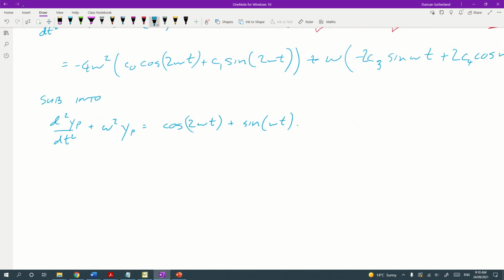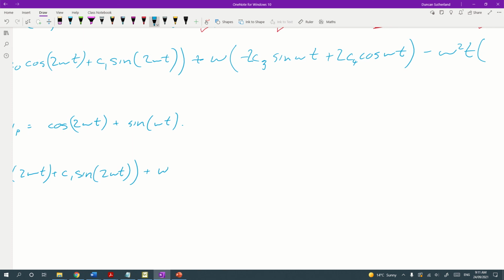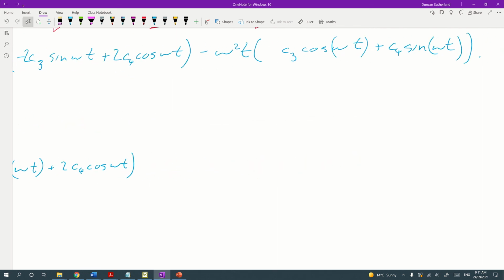Alrighty, so here we go. Okay, so that's just the second derivative.